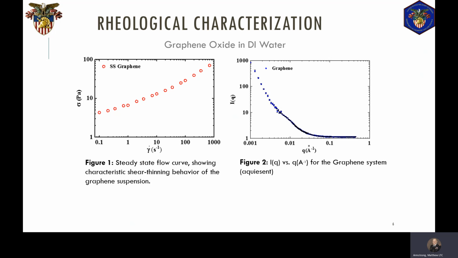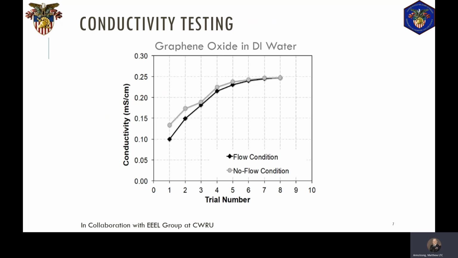This is also in figure 2, where we see intensity versus Q. And so we can see that there is some interesting scattering and interesting structures formed at less than about 0.01 inverse angstroms, which led us to believe that this material is ripe for use of the soft matter interrogation tetrahedron.